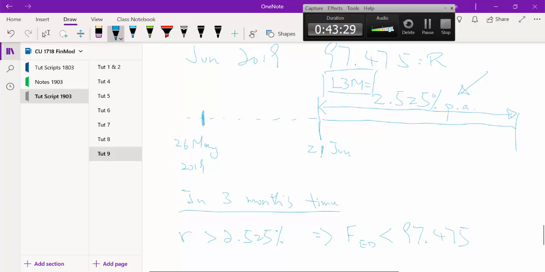Okay, now in which case what you need to do is, thank you, someone said you go short. You do, okay? You go short the contract.